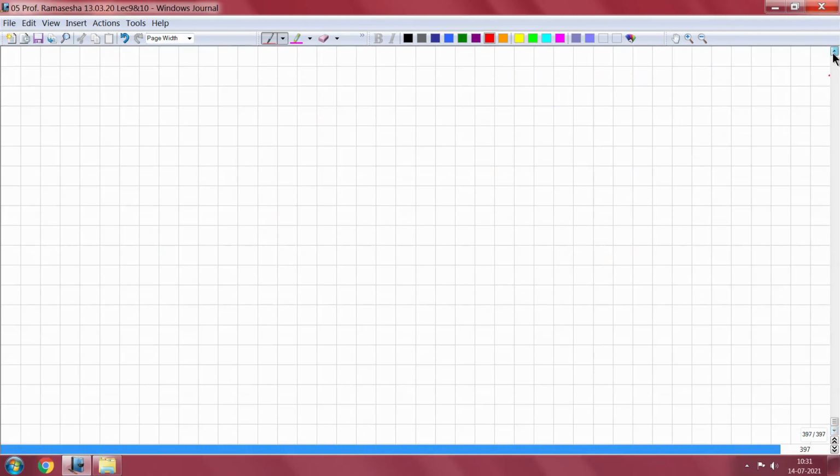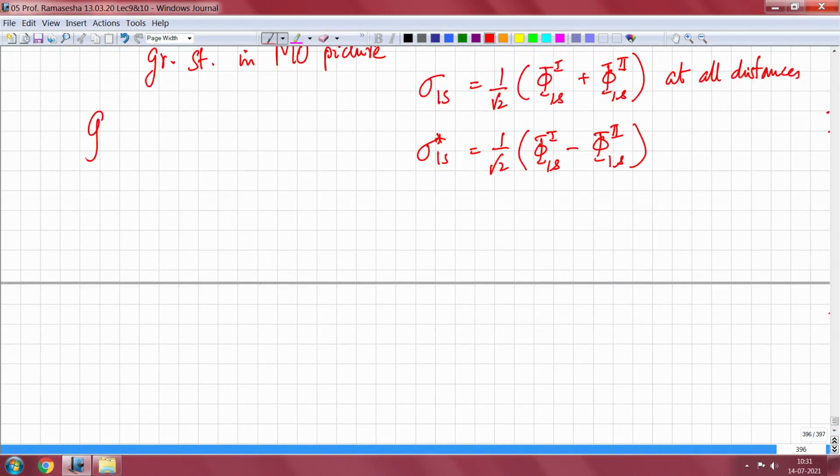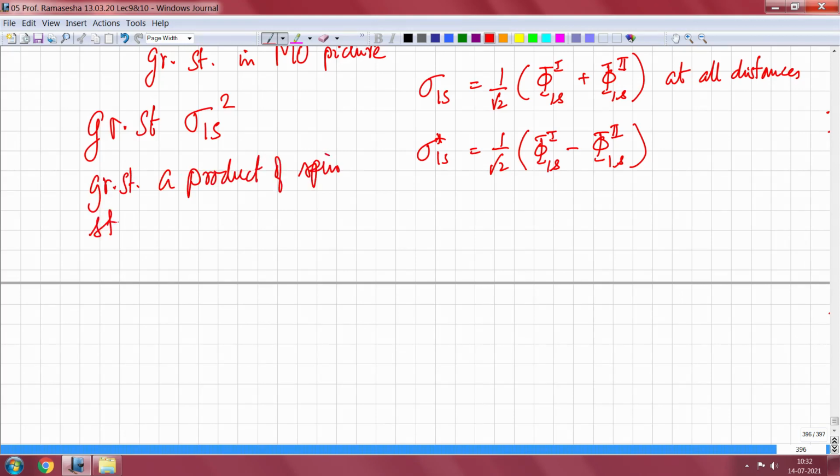Now, let us look at the ground state. The ground state is sigma 1s squared, that is, there are 2 electrons in the ground state, and I can write down the ground state as a product of a spin state and spatial functions, 1s functions.